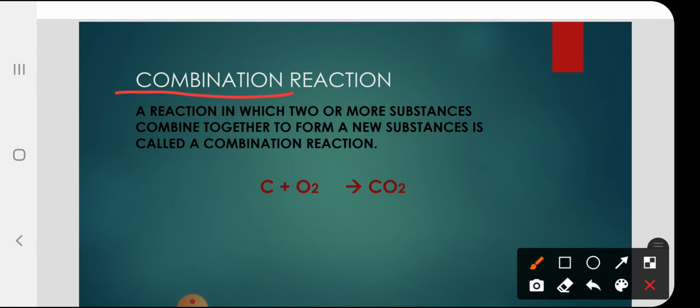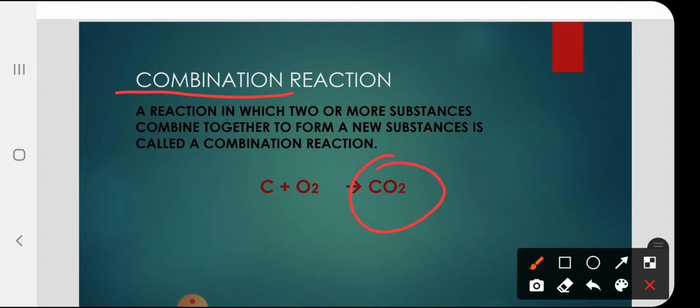A reaction in which two or more substances combine together to form a new substance is called a combination reaction. For example, water is a combination of hydrogen and oxygen gas. Carbon dioxide is the combination of carbon and oxygen.